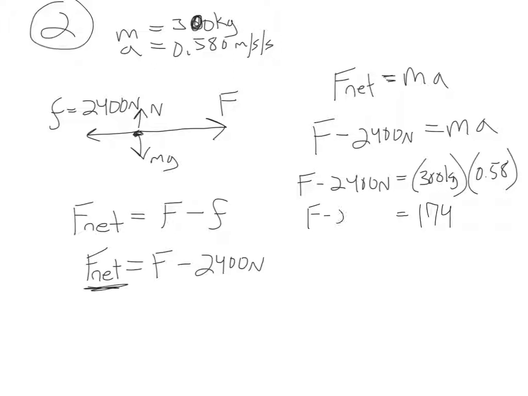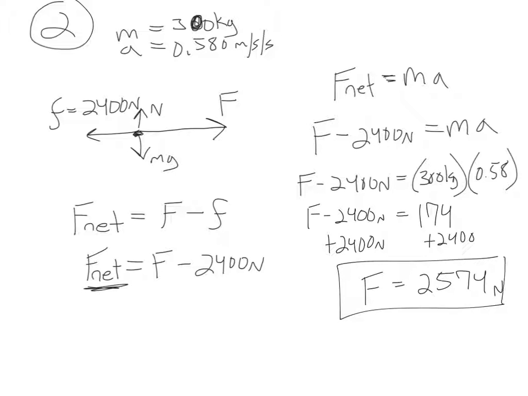Now that net force was the force I'm pushing minus the friction, so I'm going to add that friction back to both sides, plus 2,400, plus 2,400, and that gives me an applied force of 2,574 newtons.